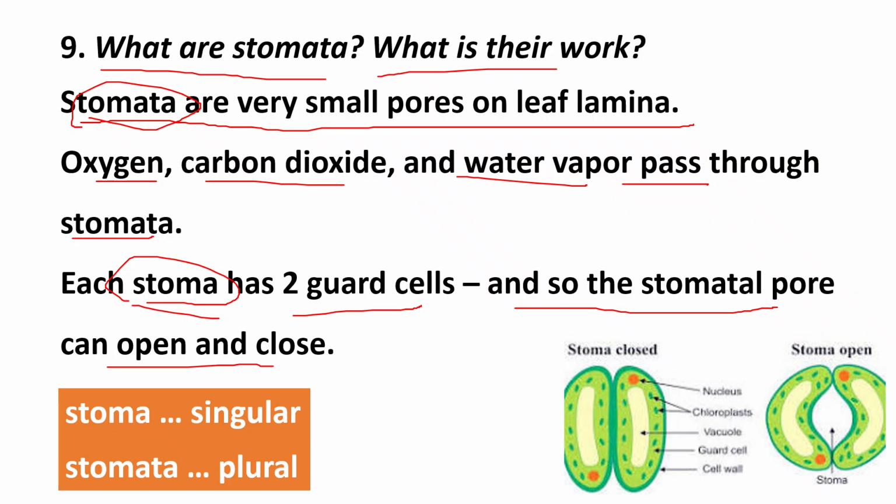So the stomatal opening can be opened or closed because there are two guard cells. Oxygen, carbon dioxide and water vapor pass through stomata, and stomata are very small pores on leaf lamina.